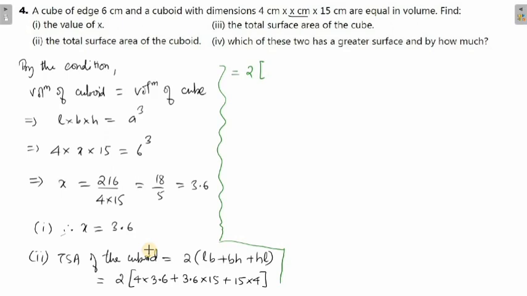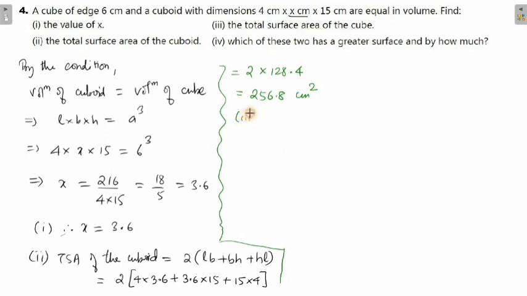When you do the simplification, you get 128.4. Multiply these two, and you get your answer to be 256.8 centimeters square. So this is the total surface area of the cuboid.